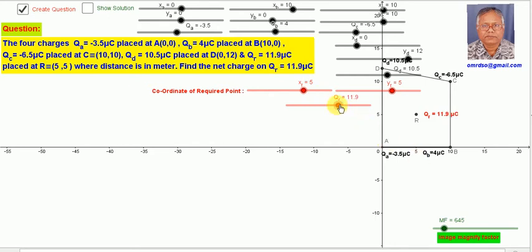If you want, you can change it, say, let us take it as 8 microcoulomb placed at point R (5, 5). Here the distance is in meters.